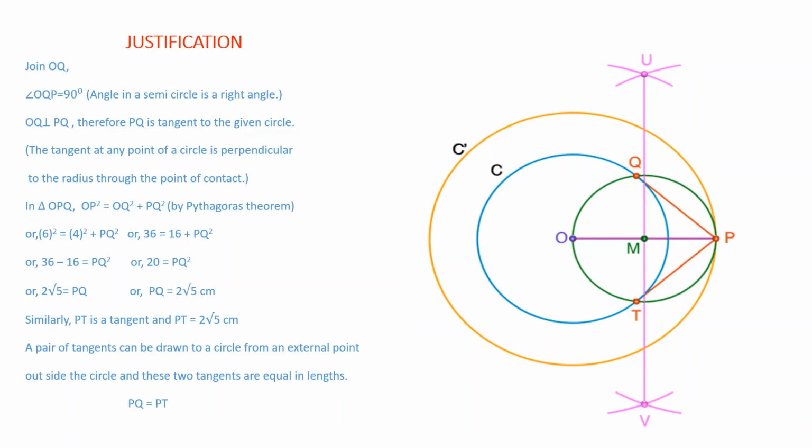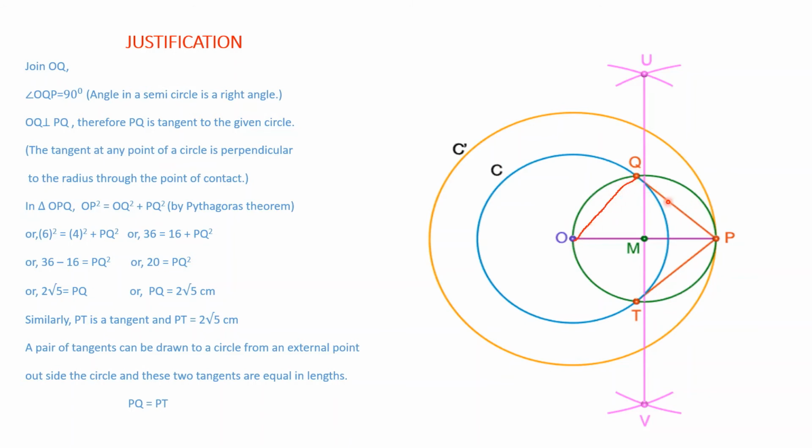For that, we have to join OQ. Now when we have joined OQ, we see that OQPM is a semicircle, and OQP is an angle on the semicircle.